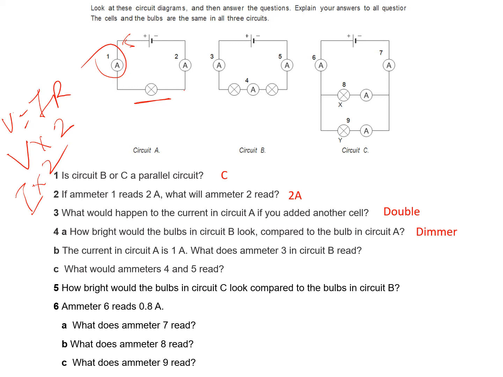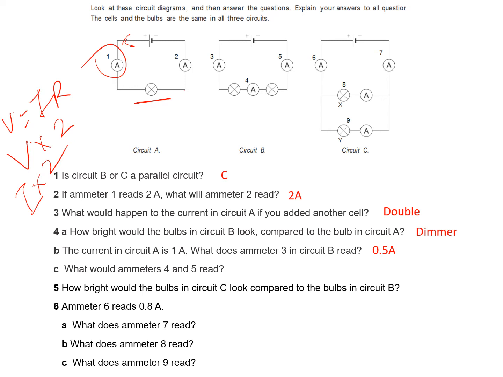In circuit B, where we have 2 resistances, the resistance has doubled. When the resistance doubles, what happens to the current? It becomes half. So current was initially 1 amp, so now it will become 0.5 amps. So when voltage doubles, current doubles. When resistance doubles, current becomes half.